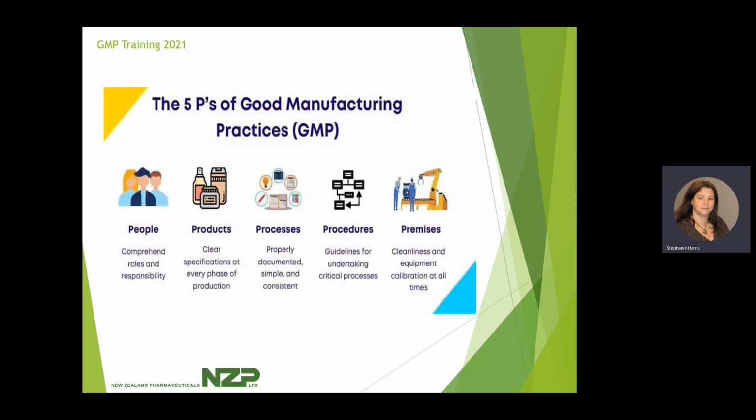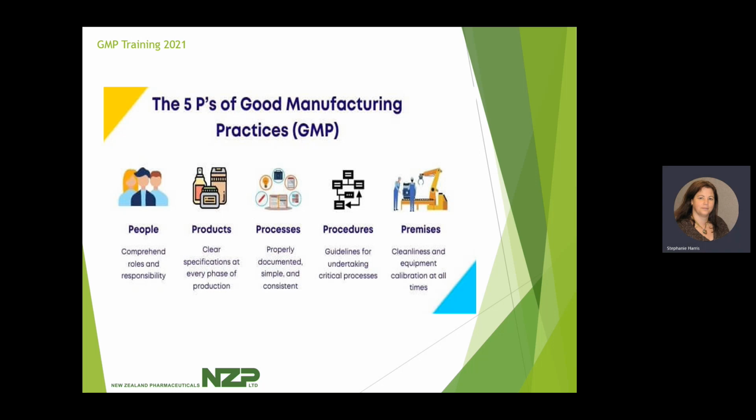There are 5 P's of good manufacturing practices: people, products, processes, procedures, and premises. People are required to have a good comprehension of their roles and responsibilities. This at NZP includes having position descriptions for everyone, SOPs, SPPs, and LPs. Products.